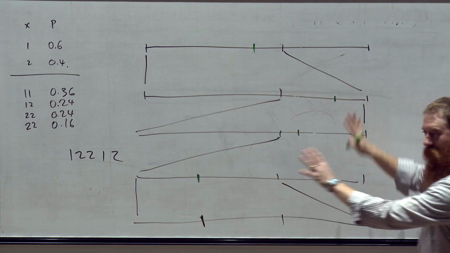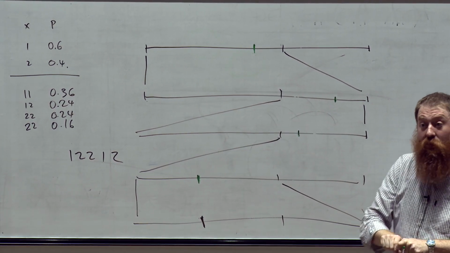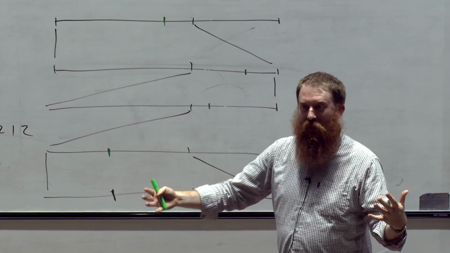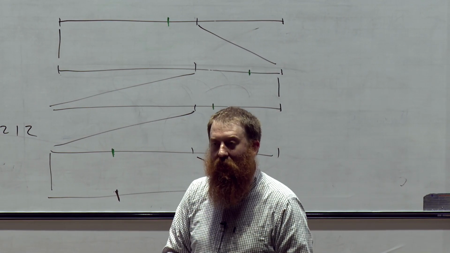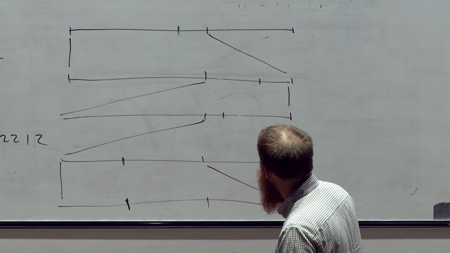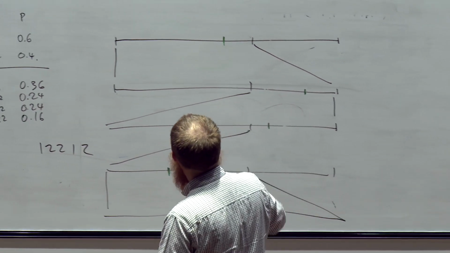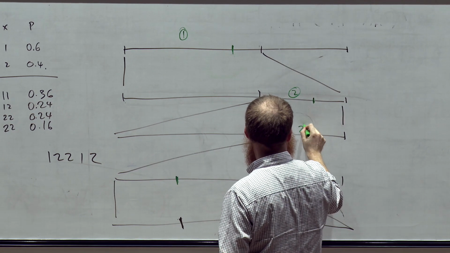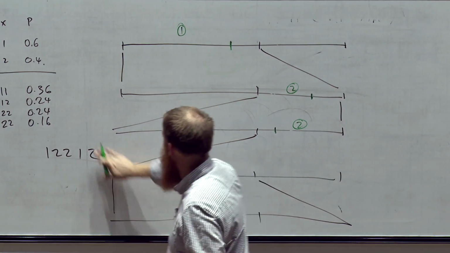Now, I've done this only at the level of waving my hands. I haven't actually done the construction. But this allows me to do this without writing down the code book. Yes? So why are we having... So my code word is 1, 2, 2, 1.